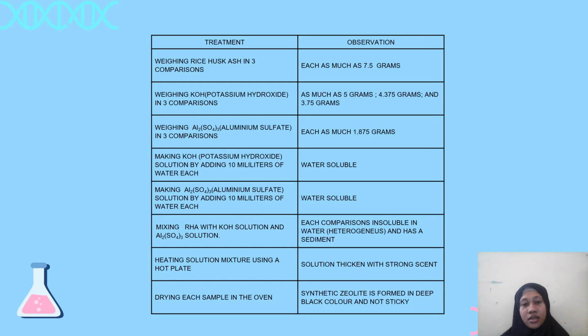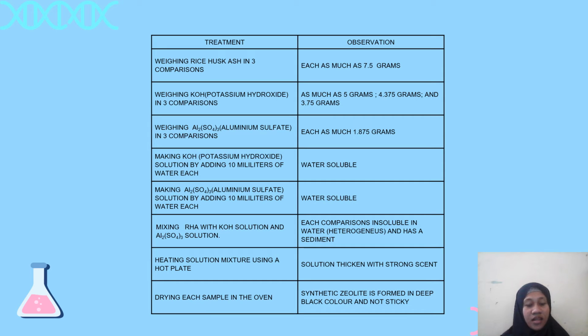Then the observation is that it is water soluble. Make the Al2(SO4)3 aluminium sulfate solution by adding 10 milliliters of water each. After that, mix the RHA with the KOH solution and the Al2(SO4)3 solution. The observation is that it is insoluble in water, heterogeneous, and has a sediment.